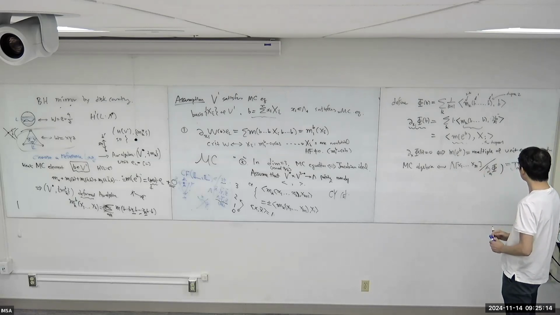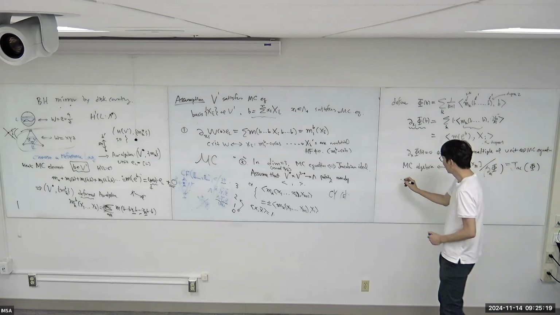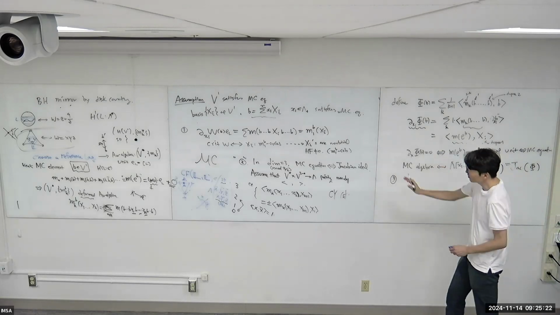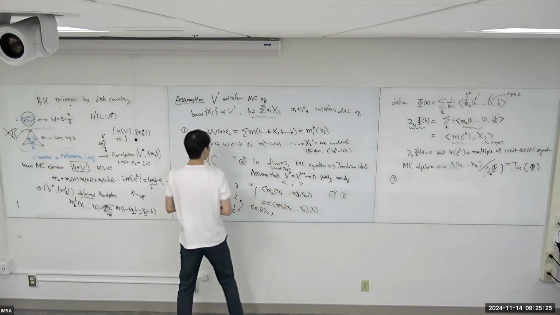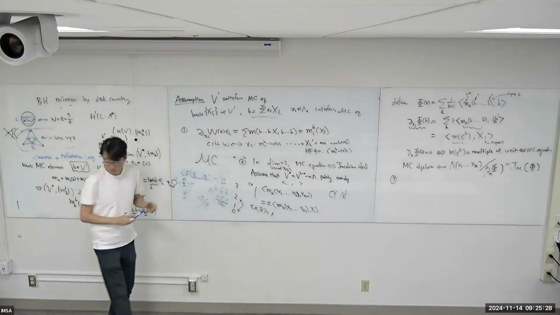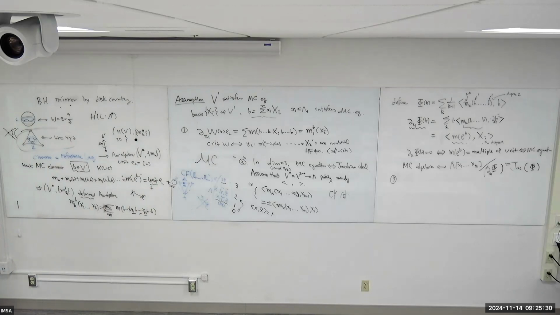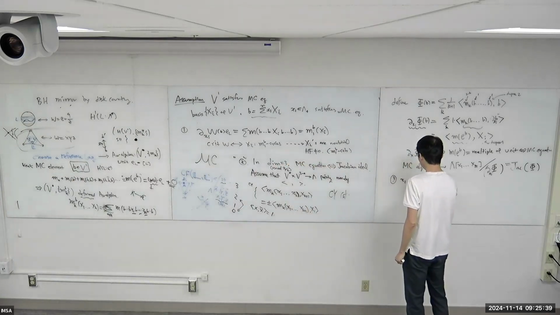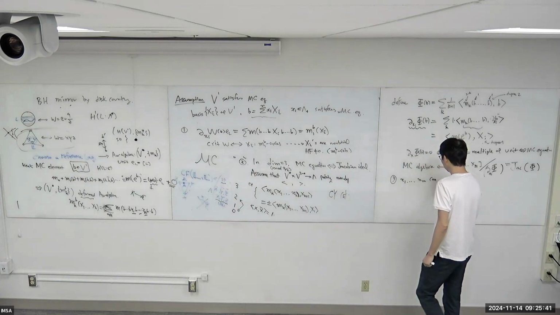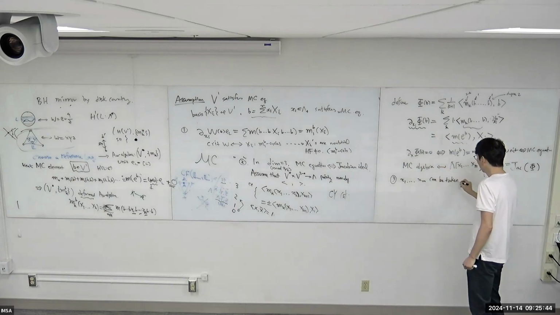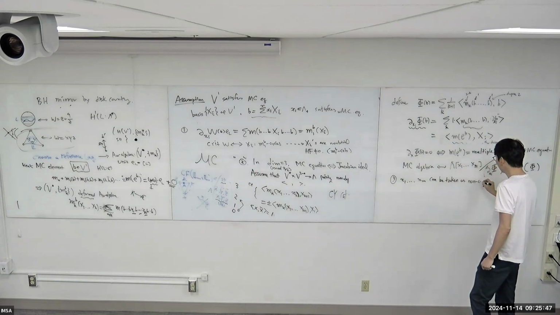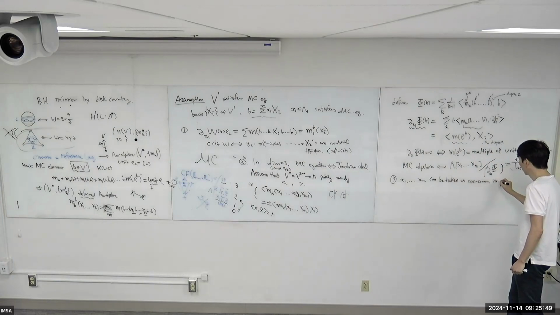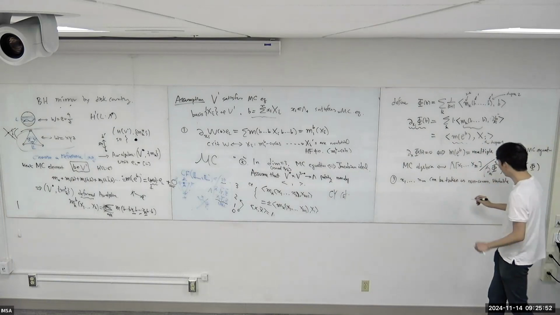Okay, so this was a special case. Let's go back to the original case. Just a remark is that these x1 through xm can be taken as non-commutative variables. So everything works in a non-commutative way.